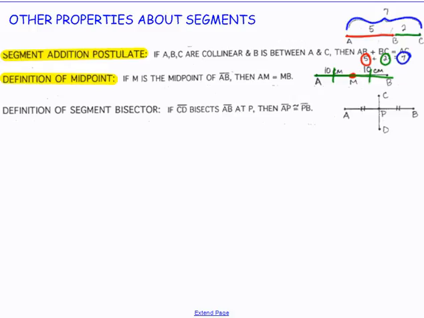The definition of a segment bisector, excuse me. That is, this particular segment is the bisector. That means that it cuts AB right in half into two congruent segments.